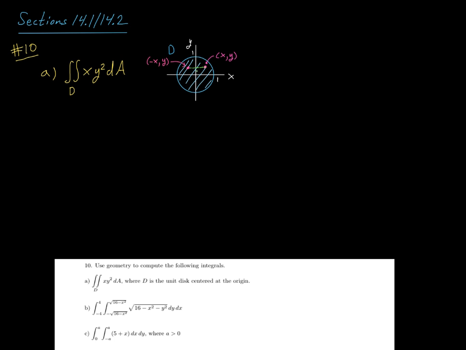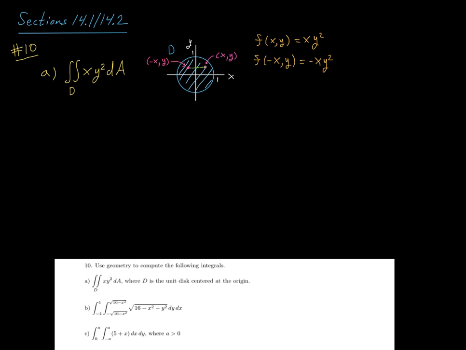If I ask you what would be the function value at these two points and how would they compare? Well, f of x, y is just x y squared, and f of negative x, y would equal negative x y squared.